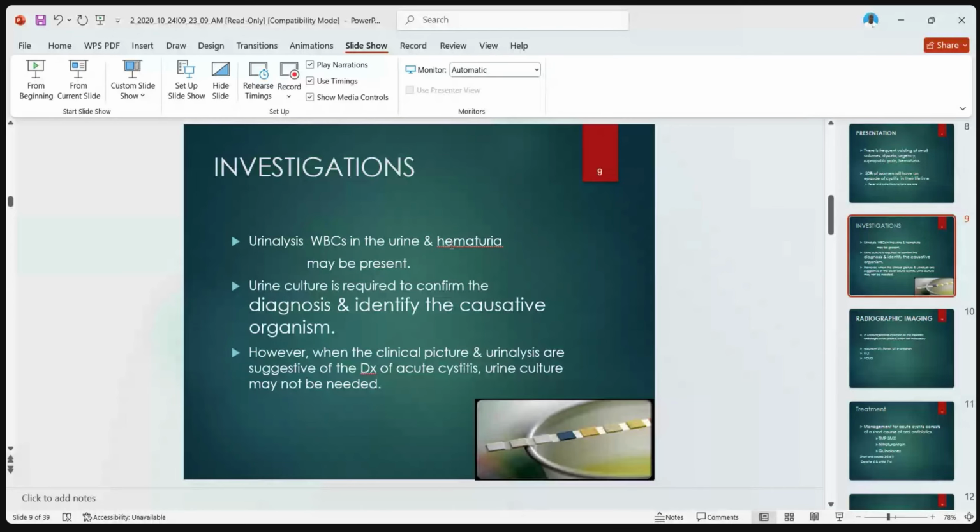Ama umefanya a specific test, for example umefanya E. coli test peke yake na umepata this, well, this is an antigen for E. coli, then you'll do what is called culture and sensitivity. Culture is just taking that sample, ni kama urine, and you put it in a media.